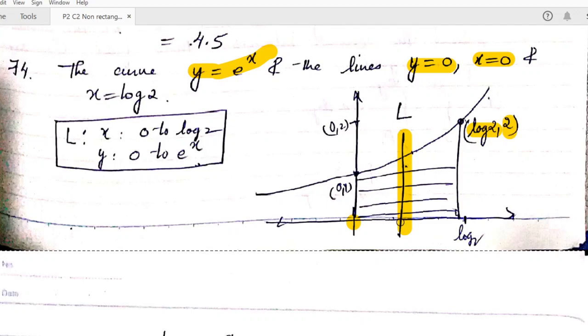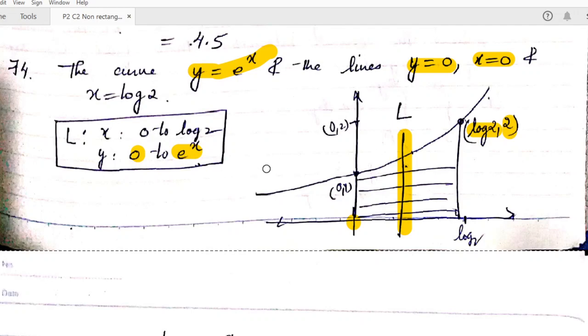At this point the value of y is 0, and the line passes through the region and touches another boundary at this point. At this point, the equation is y equal to e raised to x, so the value of y is e raised to x. So we get the limit of y from 0 to e raised to x.